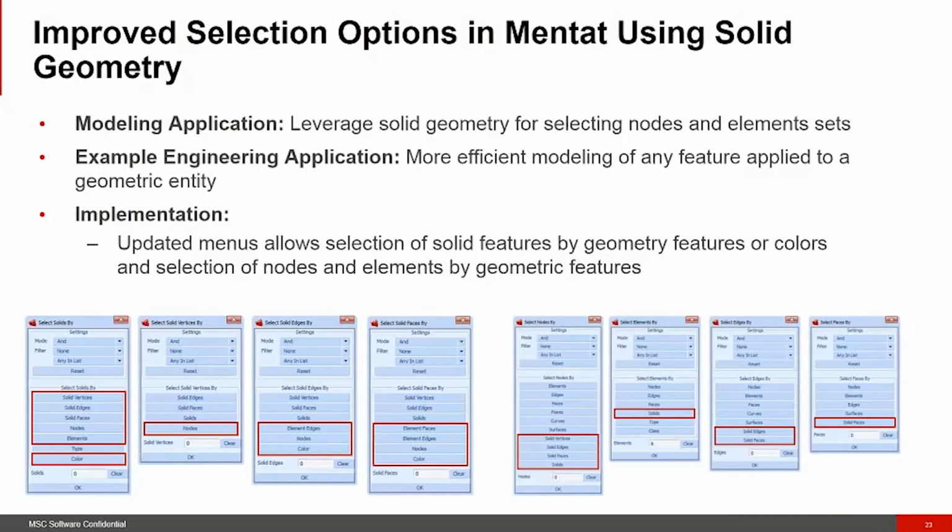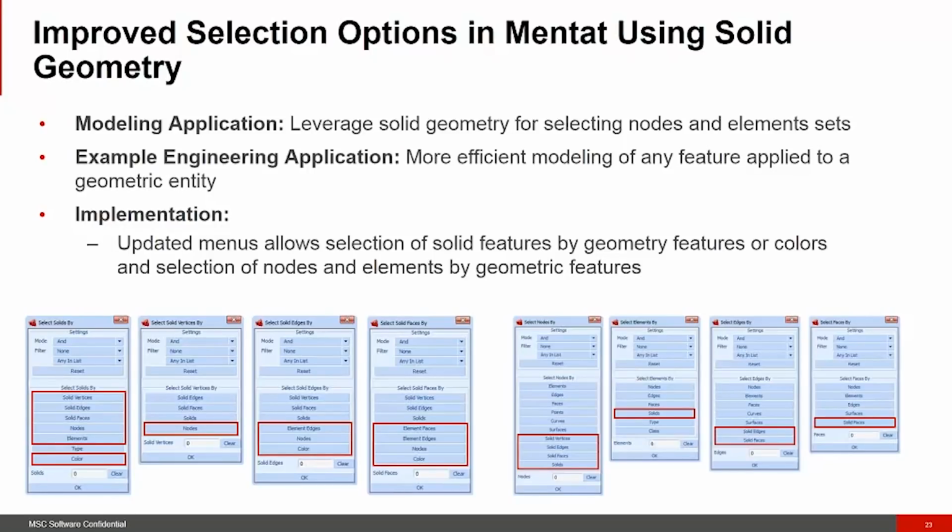It's a little on us for not leveraging the solid geometry like we should have been all along, so we've rectified that. The real goal of this is to improve your efficiency when you're picking any feature applied to a geometric entity, whether you're going from a solid geometry to an FEA representation or vice versa.